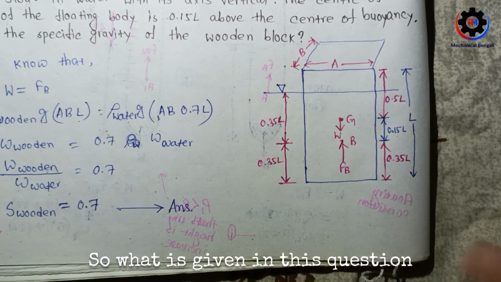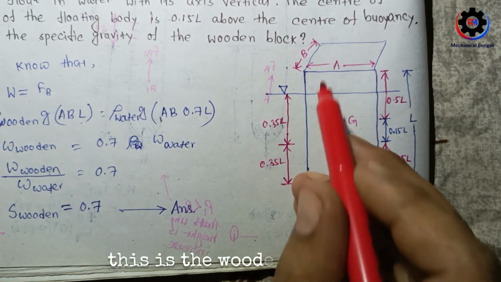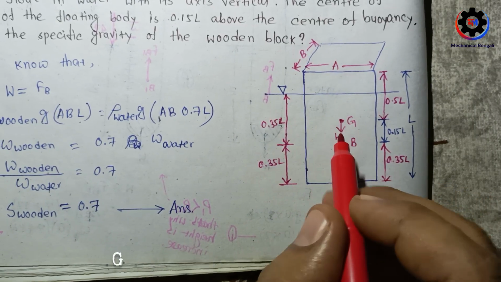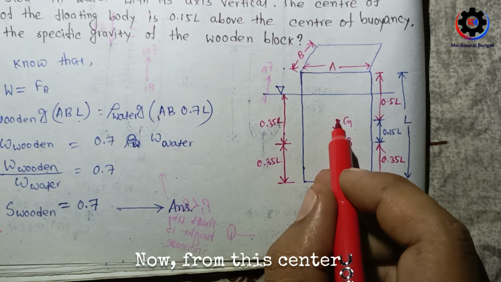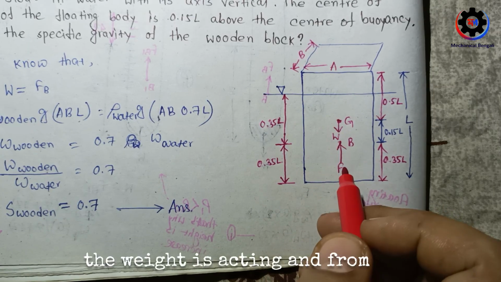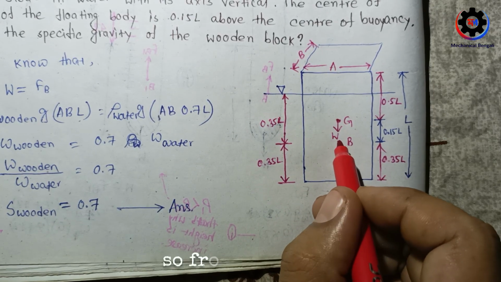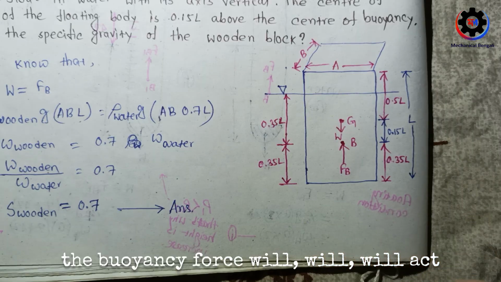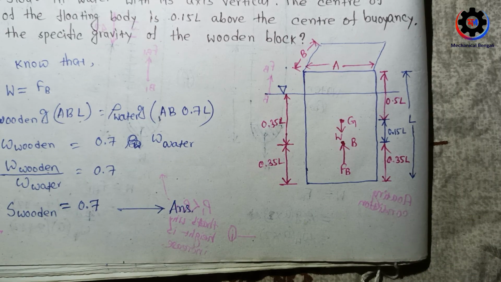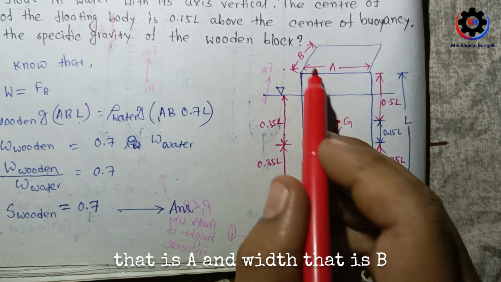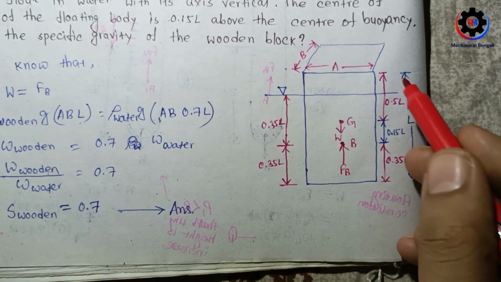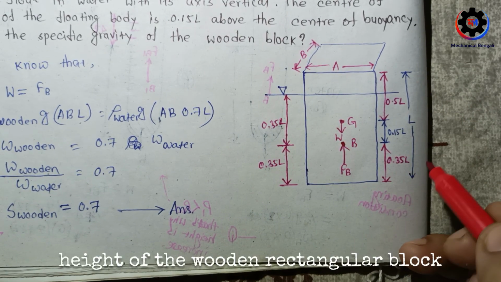Here this is the wooden block, G is the centroid of the body, and B is the center of buoyancy. From the centroid the weight acts, and from the center of buoyancy the buoyancy force acts. Consider the length A, the width B, and the height L. L is the height of the wooden rectangular block.